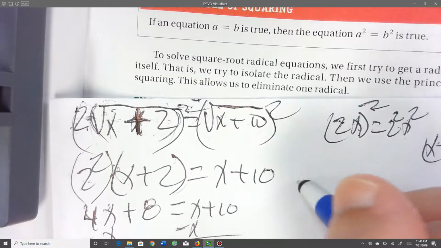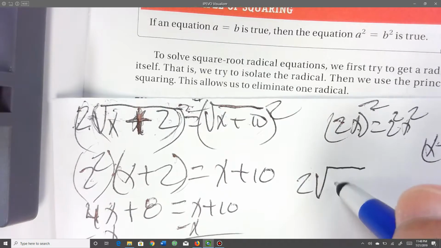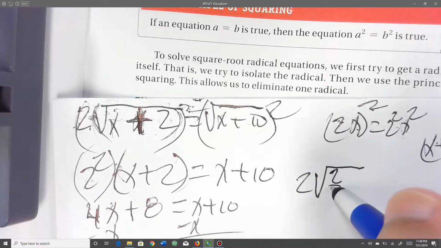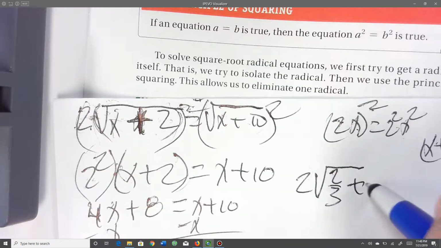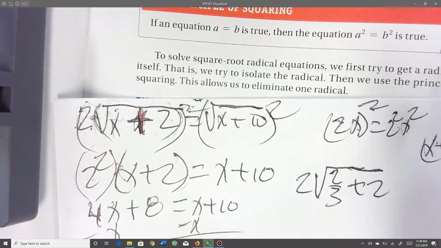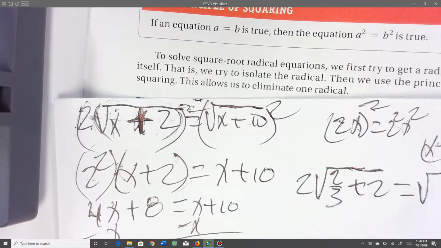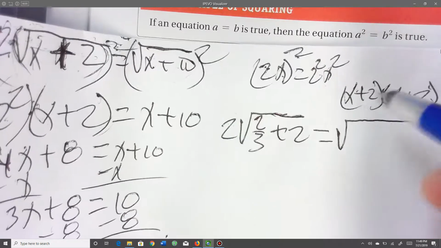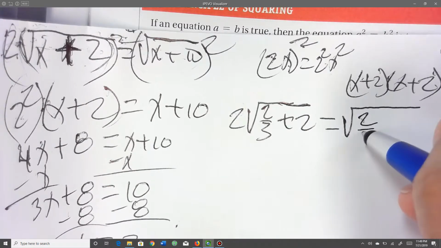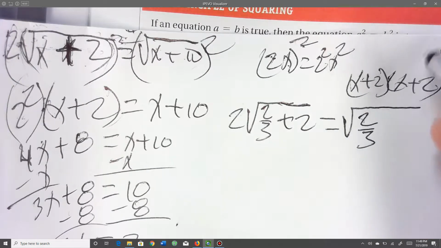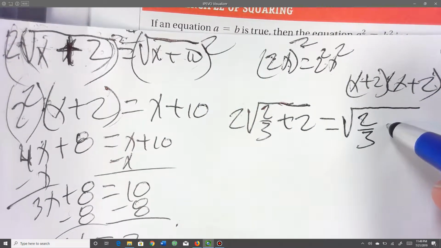So the equation was 2 times square root of x, and now my x is 2 over 3, and plus 2 equals square root, and I'm just rewriting everything and substituting for x. 2 over 3 plus 10. Yep, plus 10.